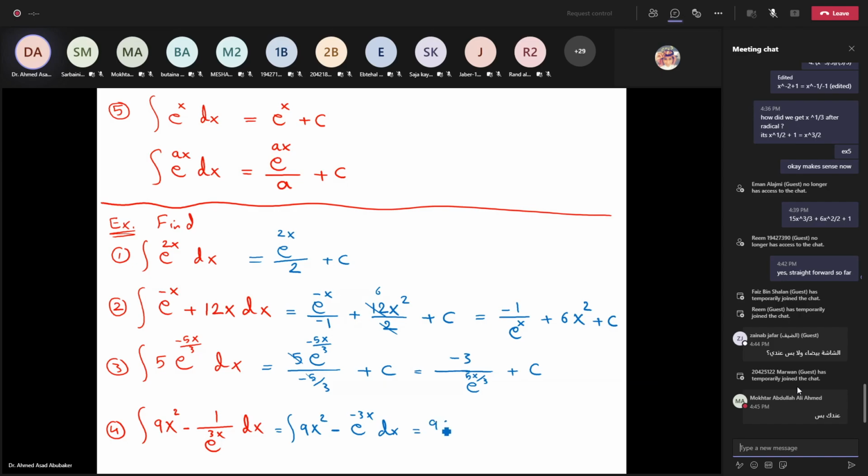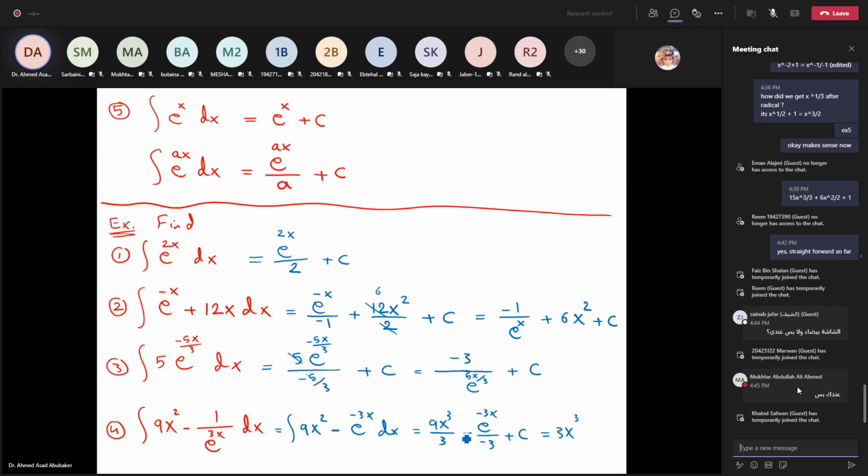We have 9x to the power 3 over 3 minus e to the power negative 3x over negative 3 plus c. For more simplification, 9 over 3 is 3x to the power 3, negative and negative is positive, e to the power negative 3x over 3 plus c. So this is the final result.